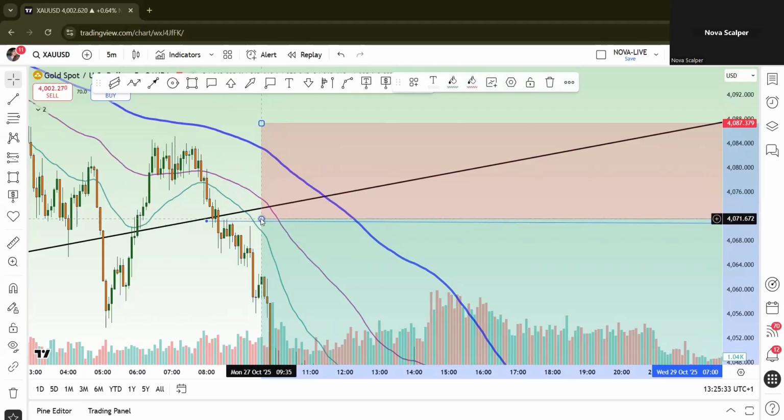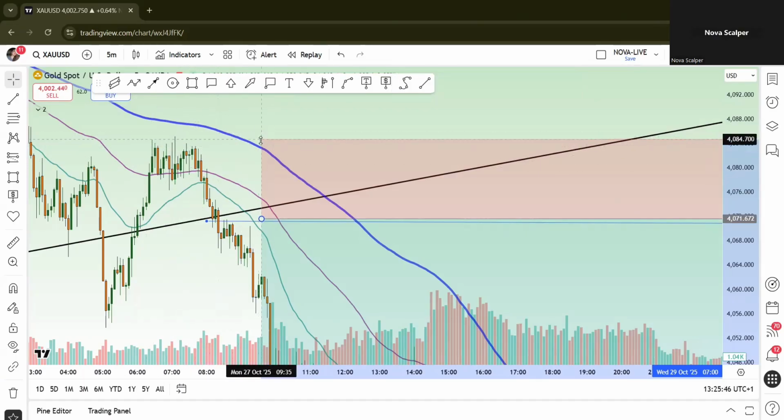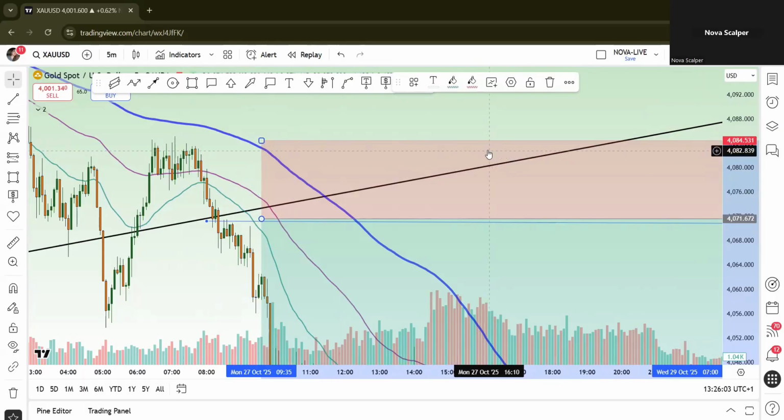Okay, sell signal. And for the stop loss, there are two ways to set it. One is you can set it at the previous peak, which is kind of far away, a $14 distance, which is 140 pips. If you're a swing trader and you set the stop loss by using the pattern, you have to accept that the stop loss may be in a very large range.